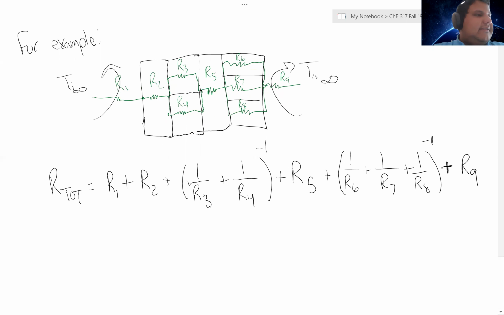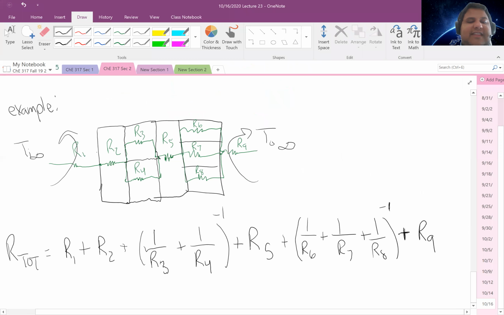Are there any questions on that? Could you explain why you have R1 and R9? Yeah, so assuming I don't have the temperatures on the surfaces of the materials, you would have to consider any convection that would occur between the ambient air on the inside and outside as it relates to the surface of the materials.